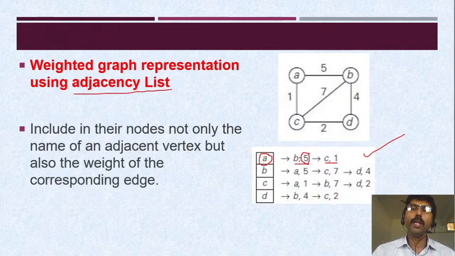Between A to B, its weight is 5. Between A to C, its weight is 1. This is the way of representing a weighted graph using adjacency list. Each element contains not only the vertex, but also the weight of the edge between these two vertices.